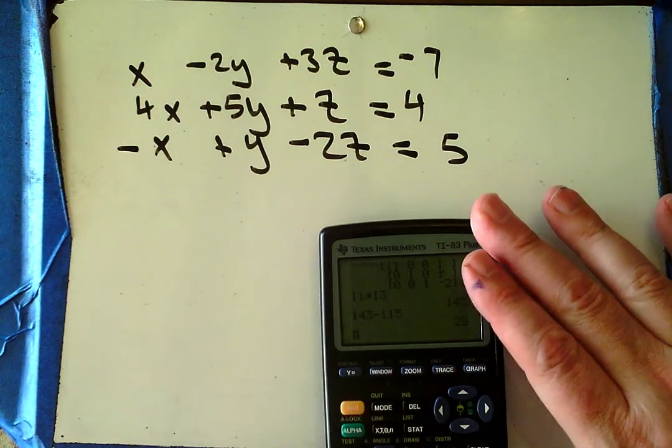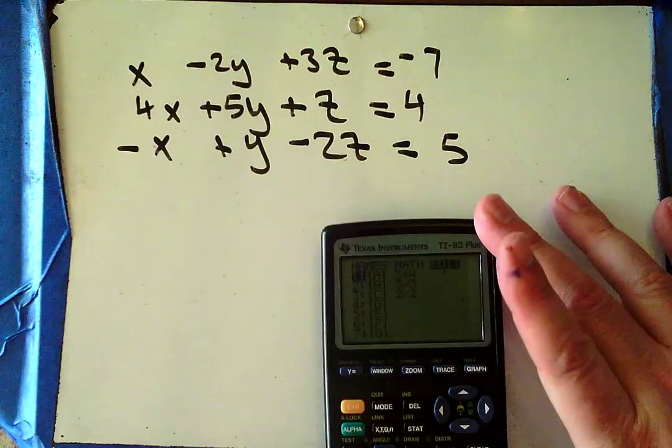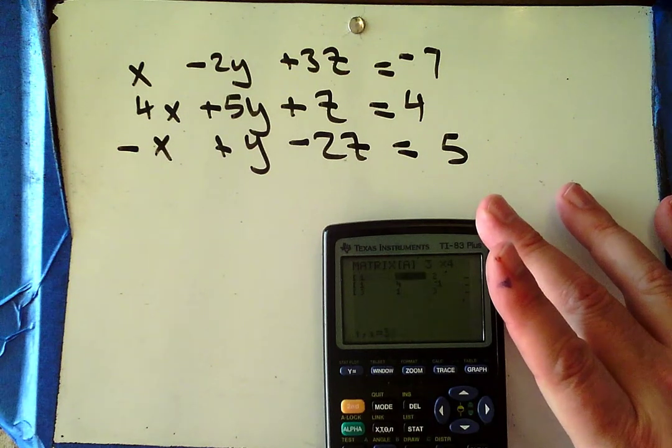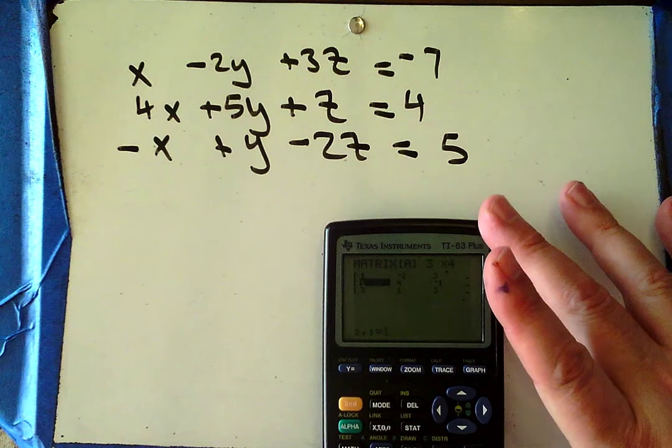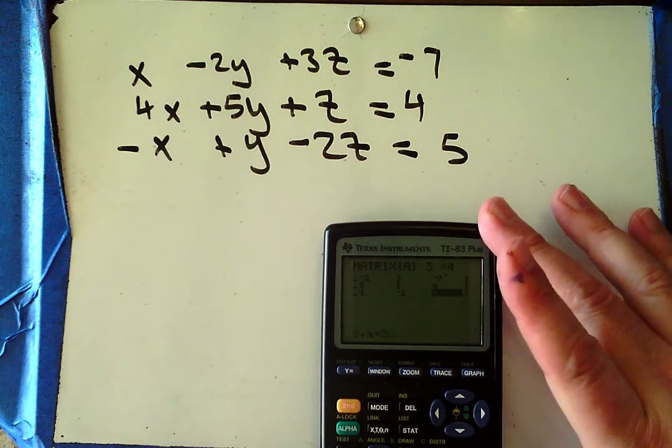Welcome back. I'm going to type this matrix in. It's a 3 by 4. I've got 1, negative 2, 3, negative 7, 4, 5, 1, 4, negative 1, 1, negative 2, and 5.